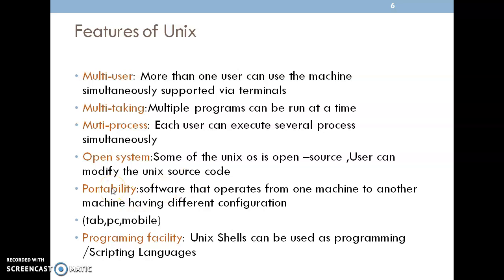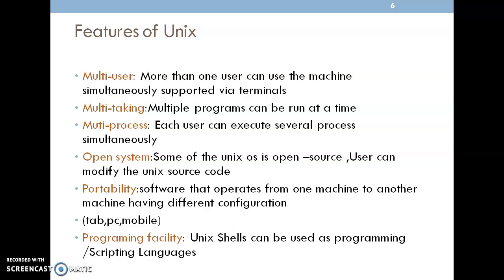Then portability. Unix software can operate on any other machine. For example, if one machine has one configuration and another machine has a different configuration, it can still work successfully on both machines.